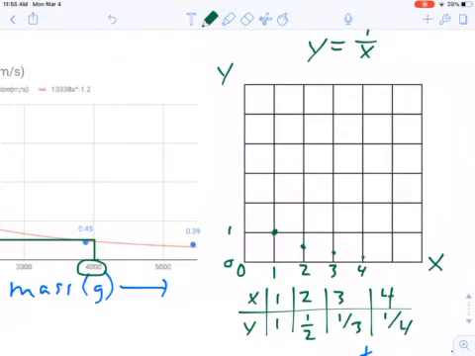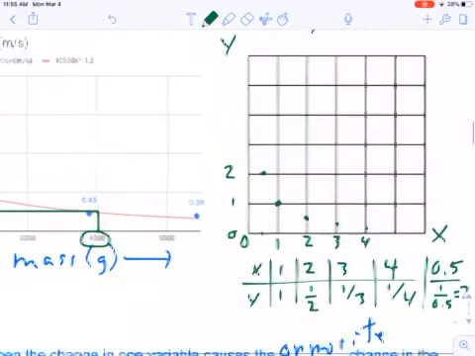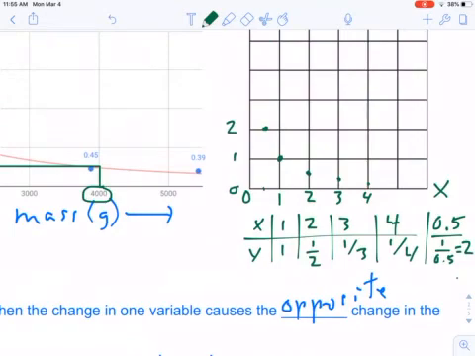If we continue with this, if we do x is 0.5, then y would be 1 divided by 0.5, which is 2. So 0.5 here would be up here at 2. And we kind of run out of room here. When x is 1/3, then y equals 1 over 1/3.